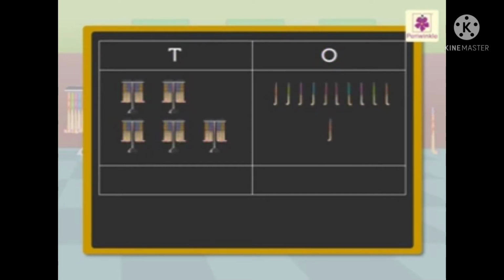We now take away 2 ones from the 11 ones and 1 ten from the 5 tens. Let's count the remaining ones and tens. We have 4 tens and 9 ones, which is equal to 49.